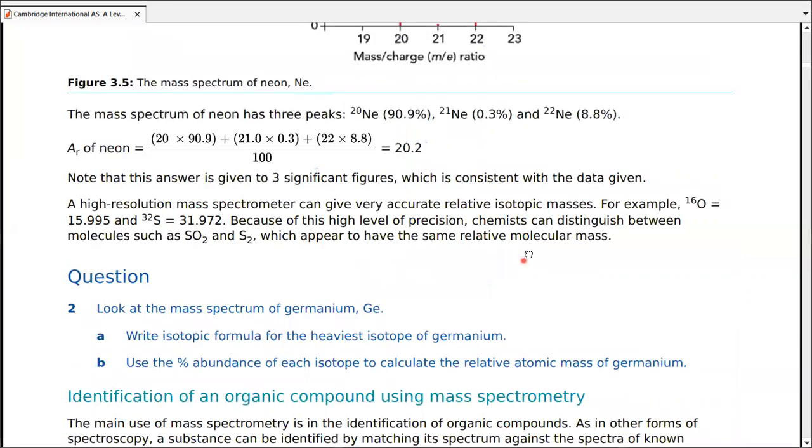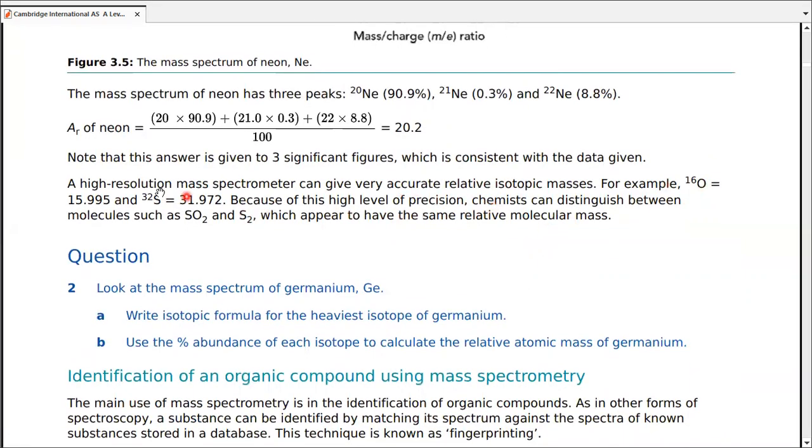All right. So for oxygen, they have given the precision. The high level of precision actually helps us with distinguishing between different substances. The example of oxygen has been taken. Why? Because oxygen and sulfur actually help us with this, with SO2 or S2. Since oxygen is 16 and sulfur is 32, if we go with these whole numbers, we're going to end up with the same value.